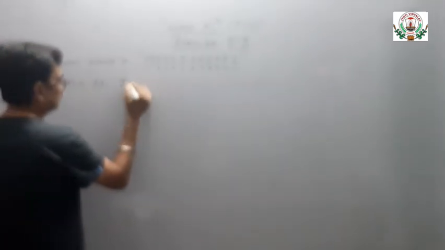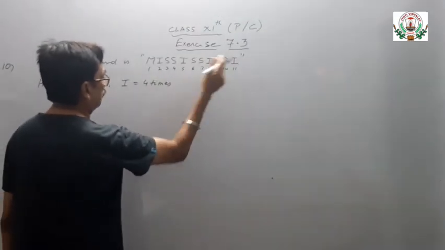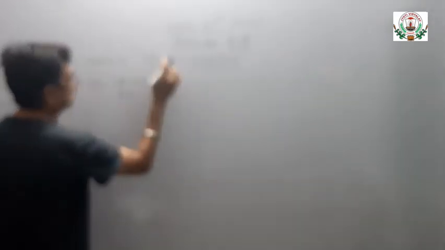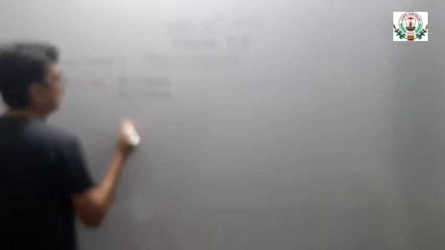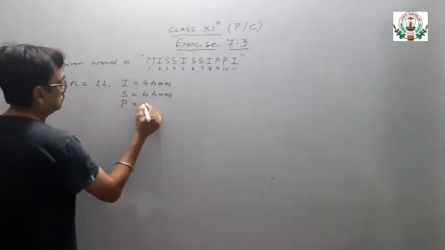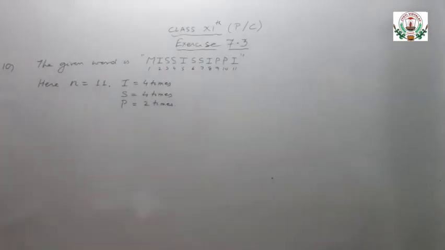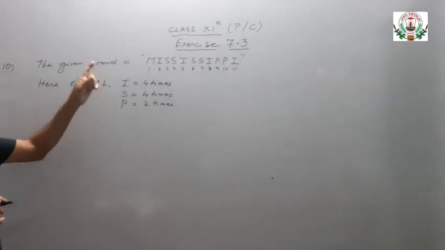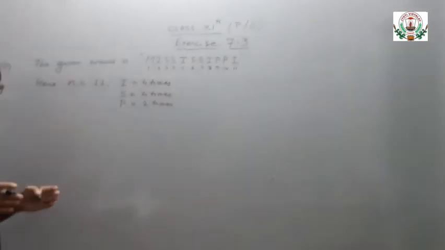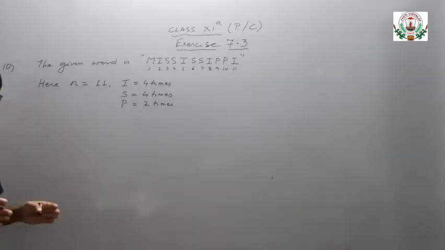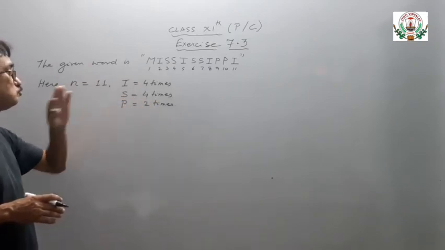I comes 4 times, S also comes 4 times, and P comes 2 times. There are 11 letters in total, and out of these, 3 letters are repeating: I 4 times, S 4 times, P 2 times.